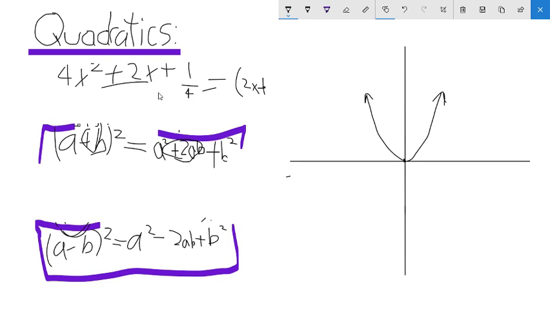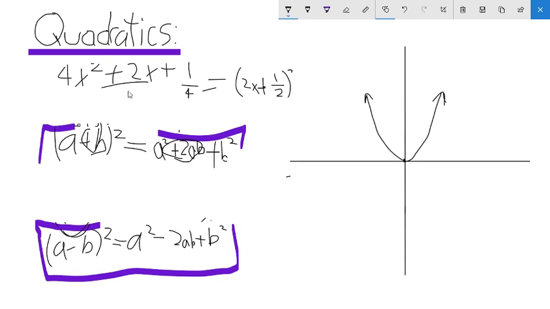And now go ahead and check b squared here. So if b squared equals 1/4, then what is b? The square root of 1/4 is the same as the square root of 1 over the square root of 4. The square root of 1 is 1 and the square root of 4 is 2. So you have 1 over 2. So it's going to be 2x plus a half, squared.